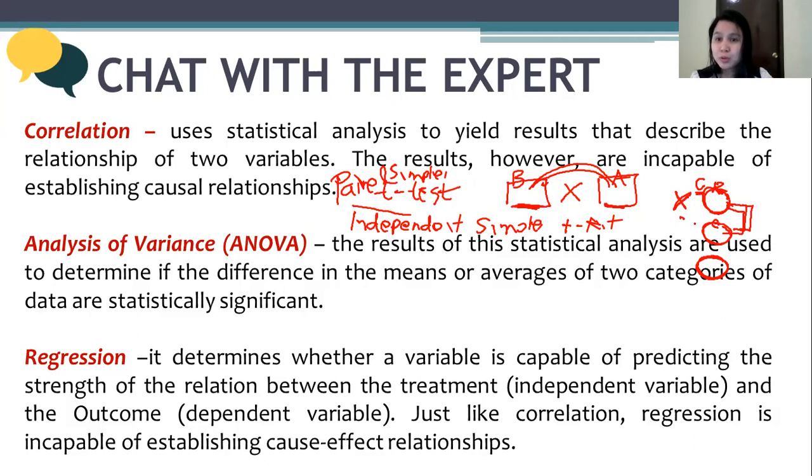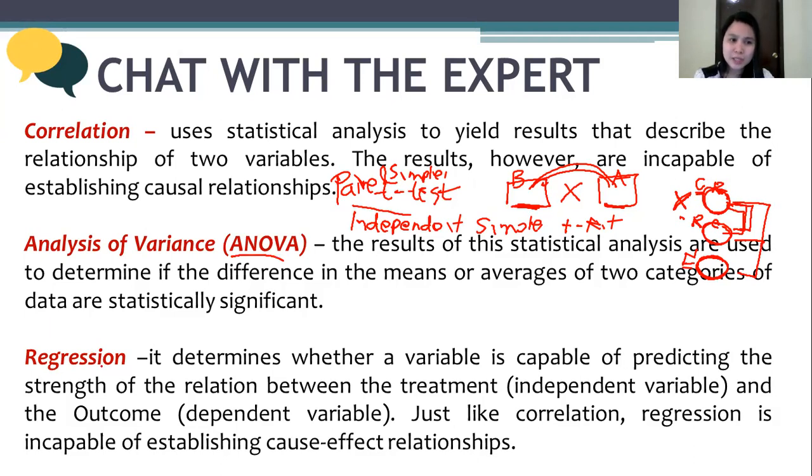Group 2 is reading comprehension while listening to rock music. Group 3 is reading comprehension without any music. You compare the reading comprehension of the three groups. What is our statistical technique? That's analysis of variance or Anova.